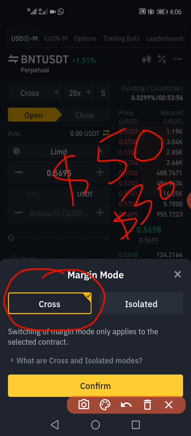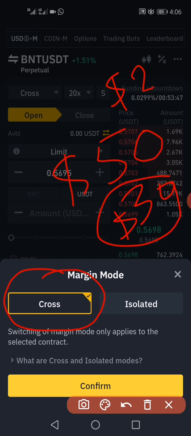It will get to a point, if your $30 is not able to withstand the trade, Binance will go and collect the remaining $20 and use it to hold that trade for you. If the $20 plus the $30 cannot still hold the trade, then all your money can be liquidated. That is, your money is gone. You can't recover it again. So any money you have, they will use it to hold the trade for you until it gets to a point where you can no longer hold. But don't be scared, we are not going to get to that point. Now that is cross.